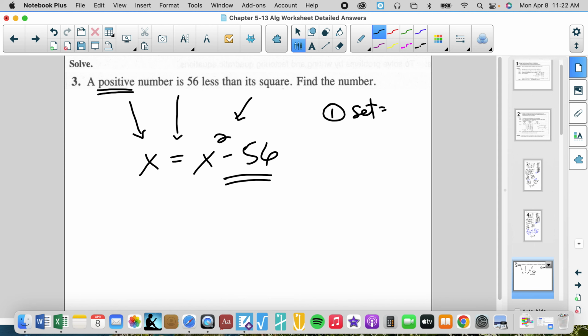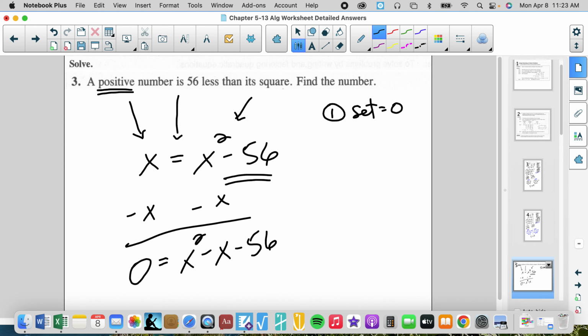Set equal to 0. Let's subtract x. We get 0 equals x squared minus x minus 56. Standard form, common factor, special case.